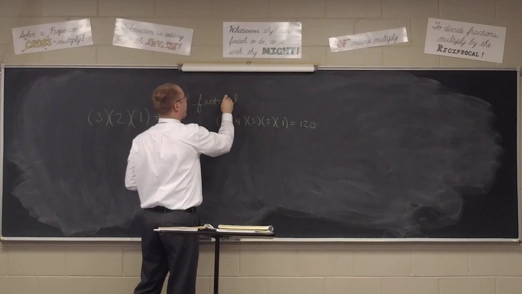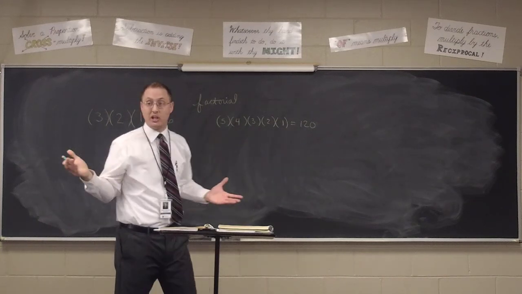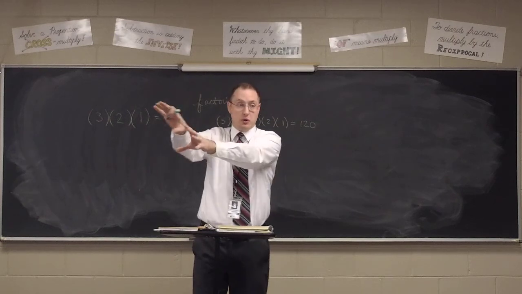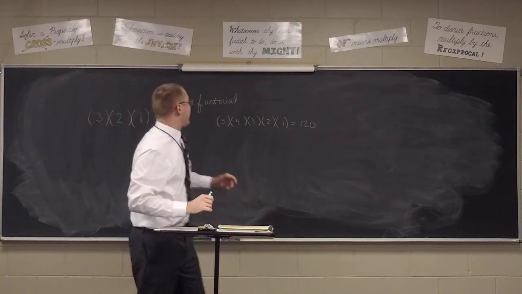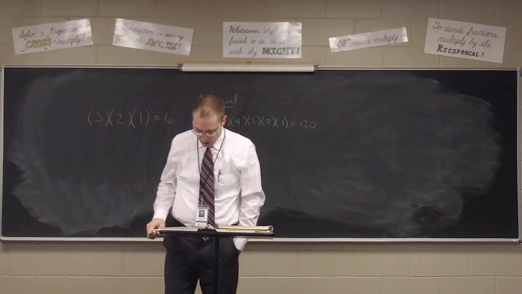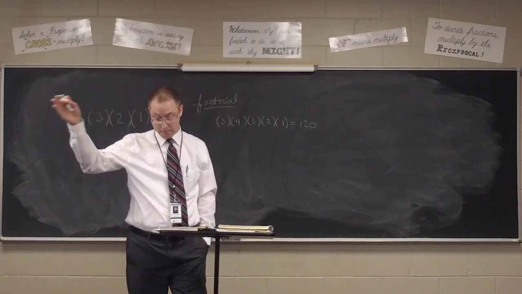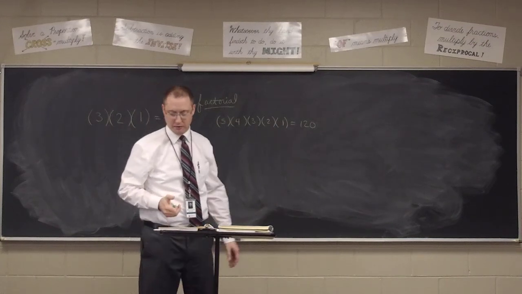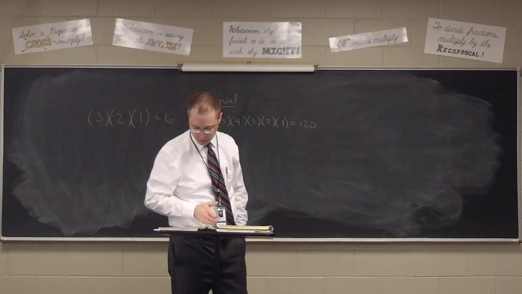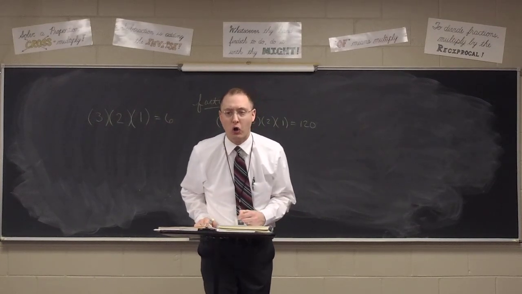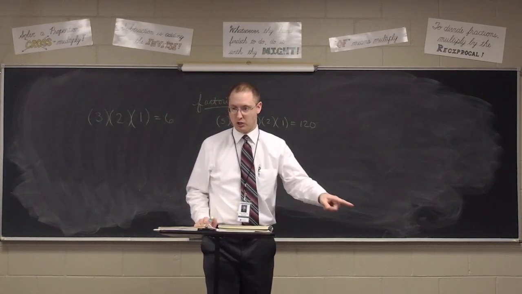If all the objects in a set are going to be used, for instance, if I took the 5 of you and I said I'm going to put all 5 of you in an order, then that's a simple factorial. A factorial is simply the product of factors decreasing by 1 until the final factor is 1. Okay, a product of factors decreasing by 1 until the final factor is 1. And that's how you would find a permutation if all objects are being used.